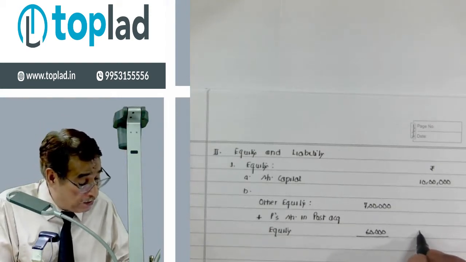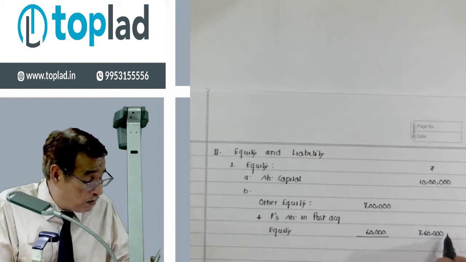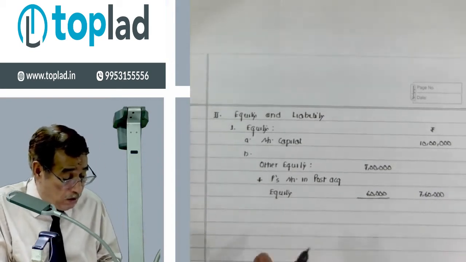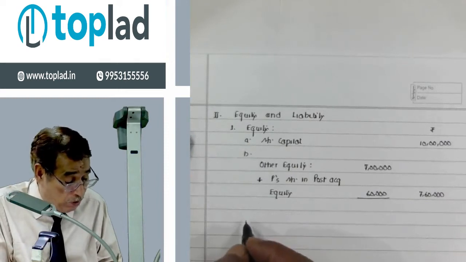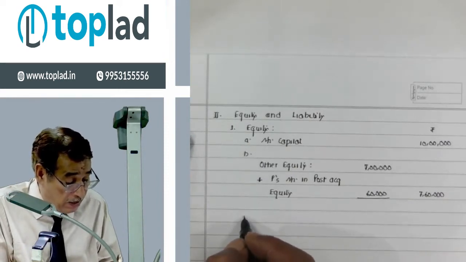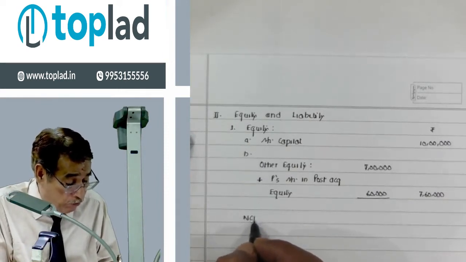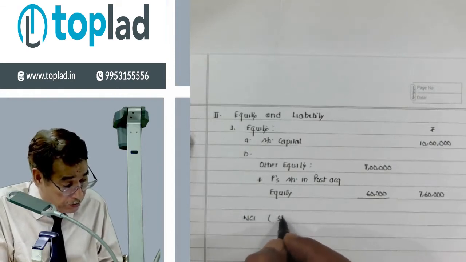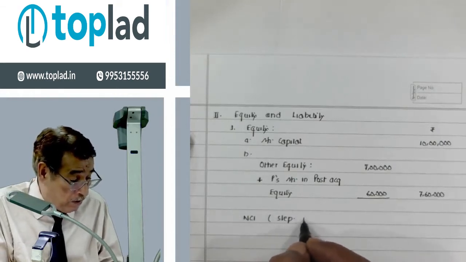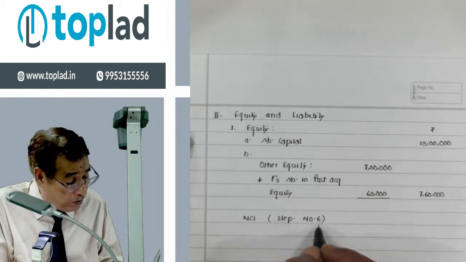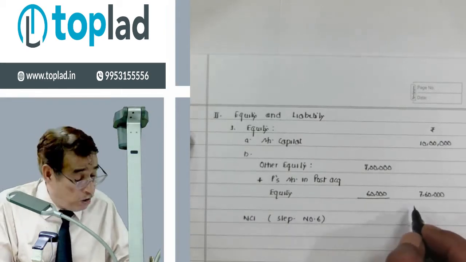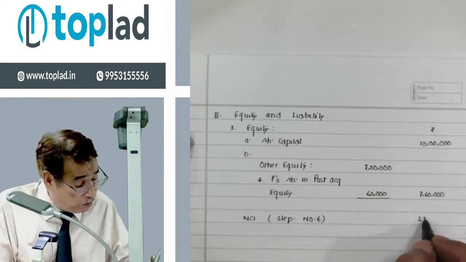So 7 lakh 60,000. Then I told you earlier that you should not forget to write NCI here as per your step number 6. As per your step number 6, the balance which we computed was 3,20,000.